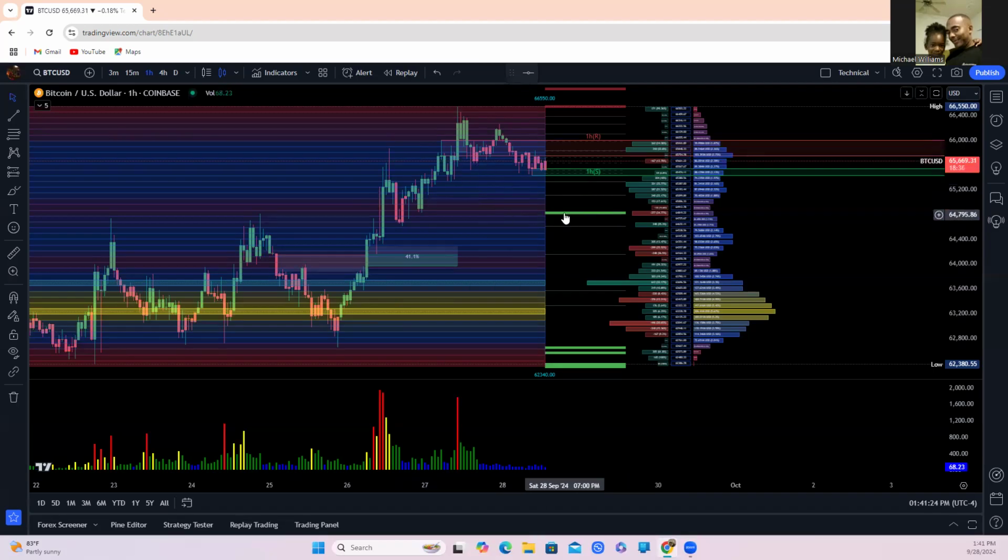When price comes back down here, we see that we have a daily support, or daily liquidity, based off of my liquidity indicator. So I know that in this red shaded area, this area of low trading activity, I have some liquidity. What that means is the potential here is for price to come down, grab this liquidity, have a reaction, and reverse.